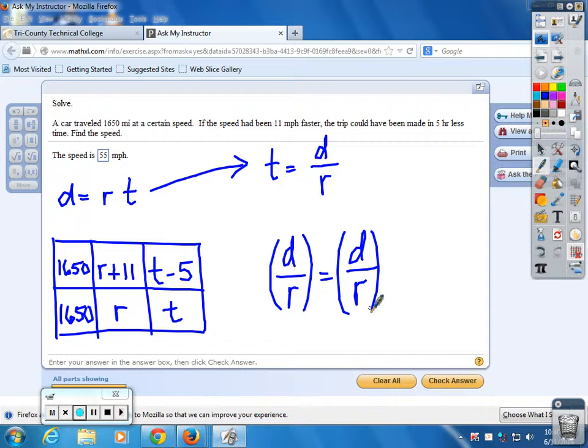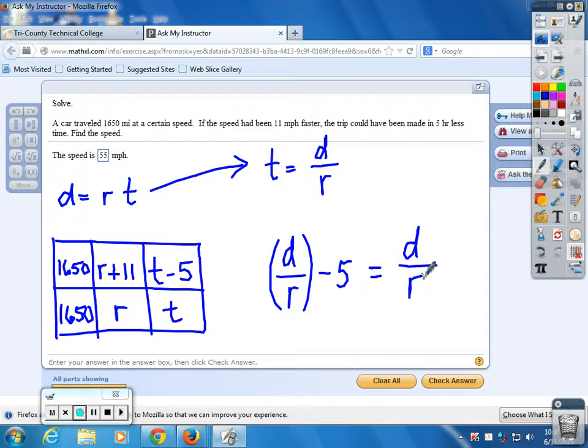Does everybody agree with that? All right. But this T is not T. It's T minus 5. So I've got to subtract 5 from one of them, and I'm just going to do the one on the left. So I'm going to erase this, and I'm going to put T minus 5 is equal to D over R.